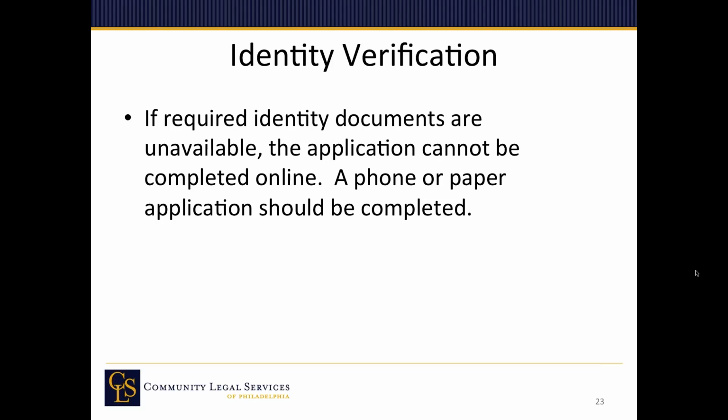So these are some of the numbers that people are asked to enter in during the application process. Their alien registration number, which is also known as the A or USCIS number, the card number, so each person with a green card or a work authorization card will have, the card itself has a number.